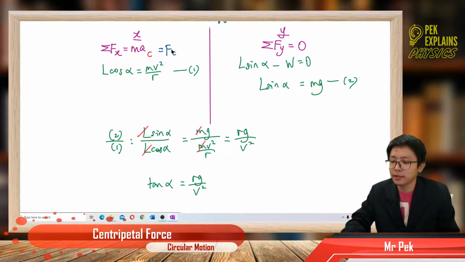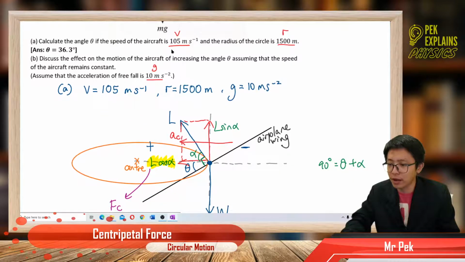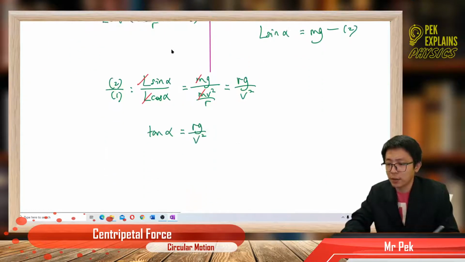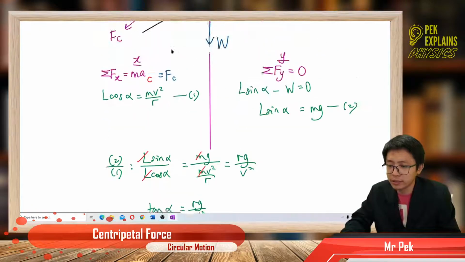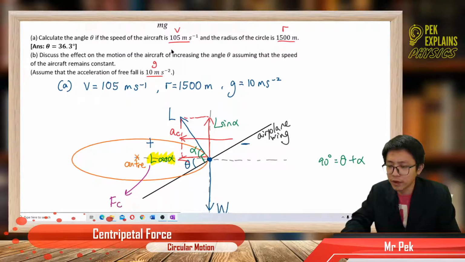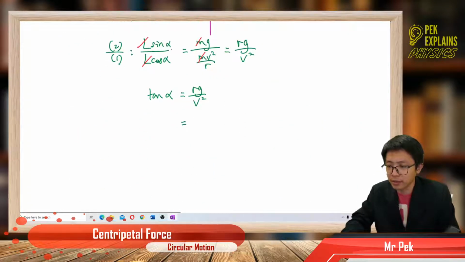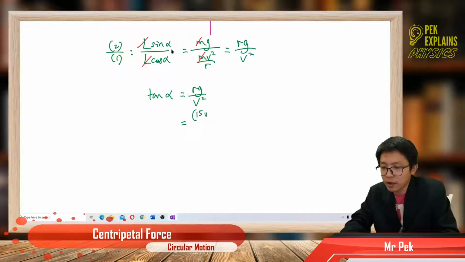Now, just substitute the value of R, g and V. Our R is 1500. G is 10, not 9.81, it is 10.